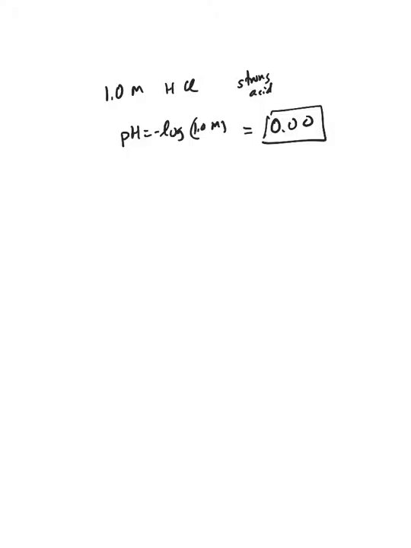So let's do this one actually. Let's do a 12.0 molar solution of hydrochloric acid. This is as concentrated a solution of hydrochloric acid as you can find. So minus the log of 12.0. This will be a minus 1.079 is what I see in my calculator.